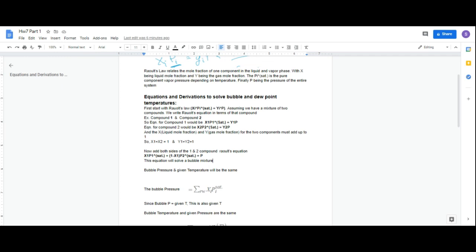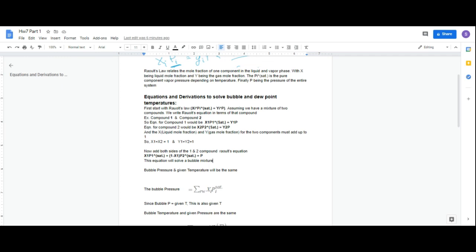So first, we start with Raoult's law, and we assume that we have a mixture of two compounds so that we can show how to solve for the bubble and dew point temperatures. So we write Raoult's equation in terms of the two compounds, compound 1 and compound 2.